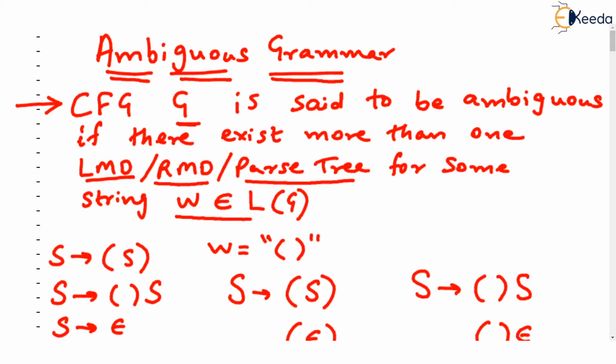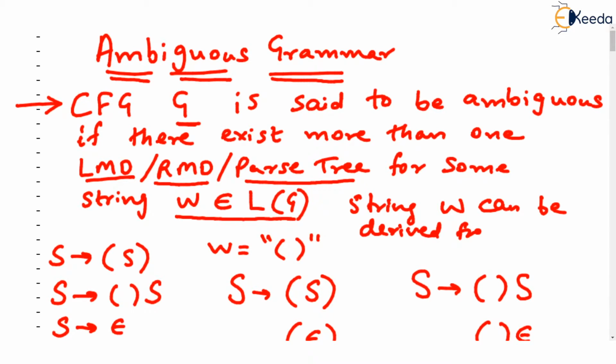That means given some string w which can be derived from the given grammar, we say w is in the language of G. So if you are able to find at least one such string for which more than one LMD, RMD, or parse tree exists, then we say that the grammar is ambiguous.